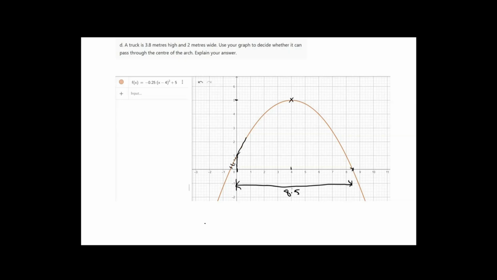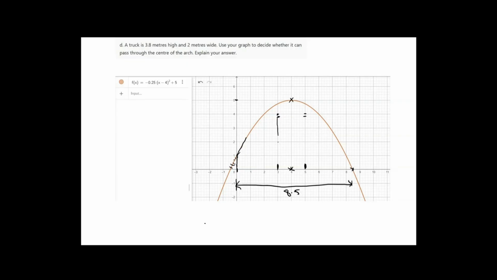Okay, then it says a truck is 3.8 meters high and 2 meters wide. Decide whether it can pass through the center of the arch. So if it's 2 meters wide, and this is the center of the arch, the left hand side of the truck is there, the right hand side of the truck is here, and it goes up 3.8 meters. So 1, 2, 3, 4 meters, 4 meters is there, and our truck is 3.8 meters.